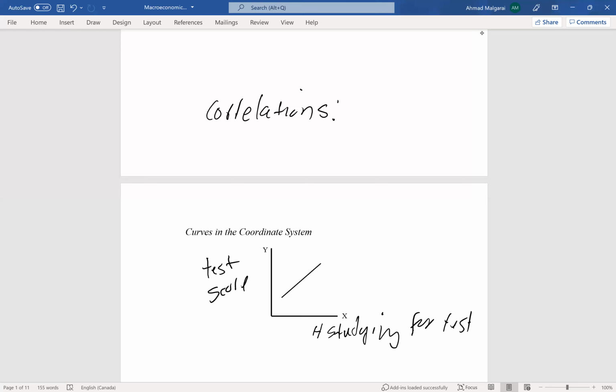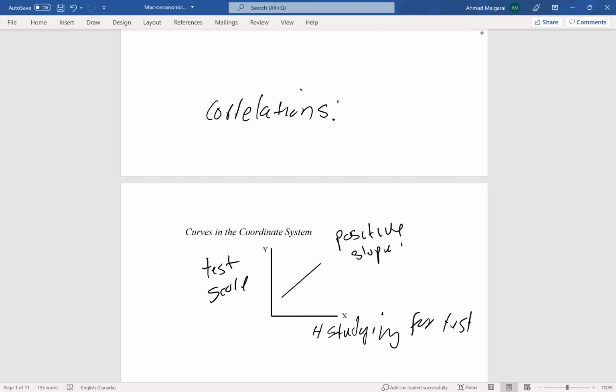This is called a positive relationship, or positive slope.